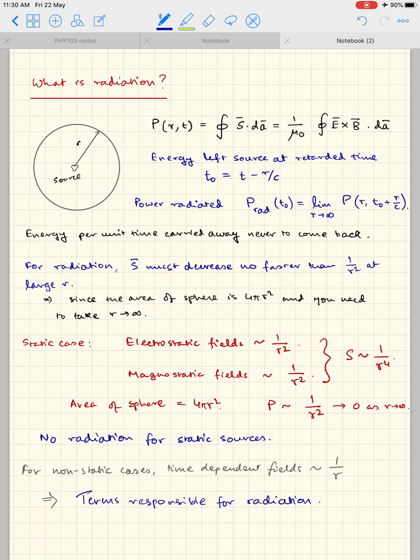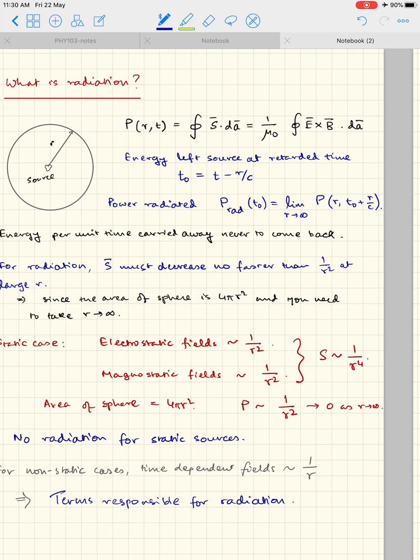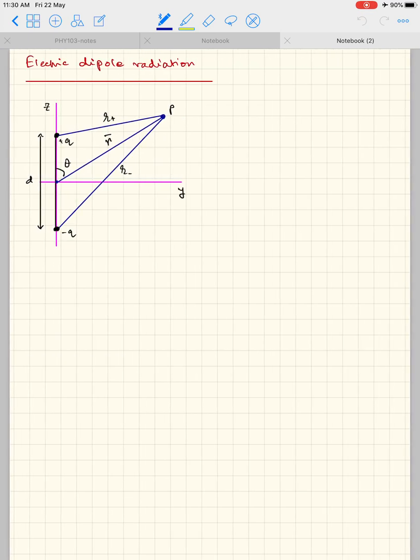Okay, so we are going to look at our first example now, and this is going to be the radiation from an electric dipole, and so this is what we want to do now.